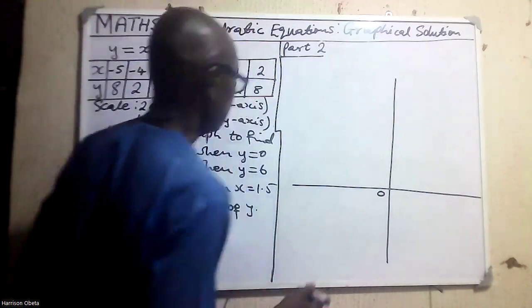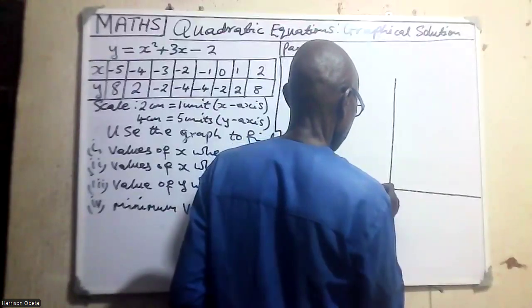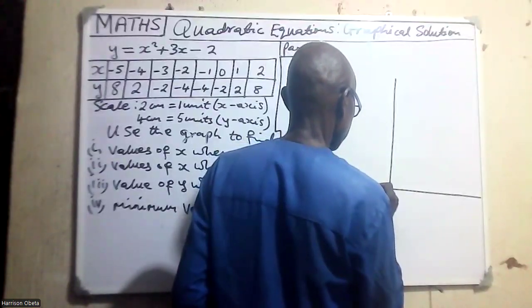Now, let's indicate our points. Let's assume that we use this to represent our 2 cm.